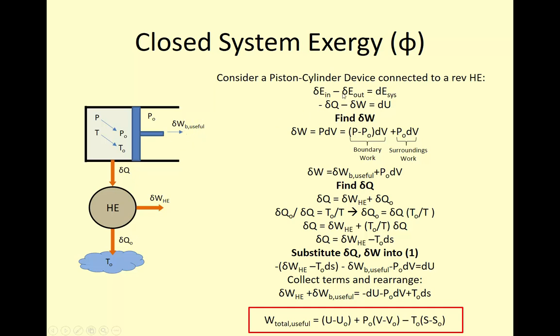So we start off with our basic energy equation, where we're doing this in differential terms because we're causing a differential amount of movement to occur in the system. So we have del E in minus del E out is equal to the total change in energy of the system. And this total change in energy is not a partial differential because it's a total differential.